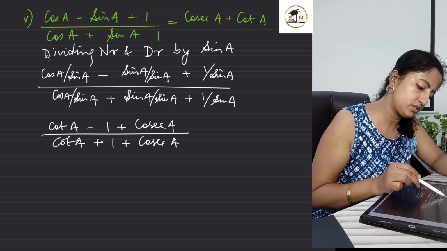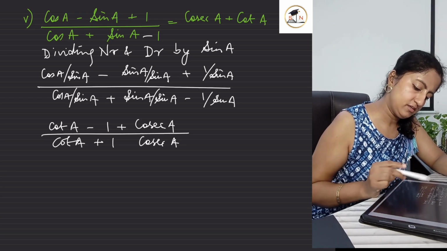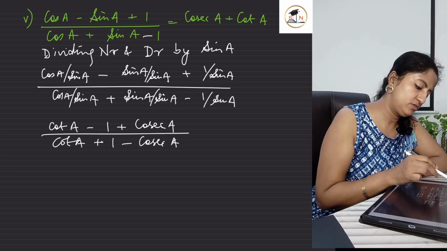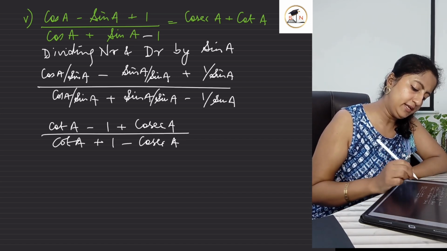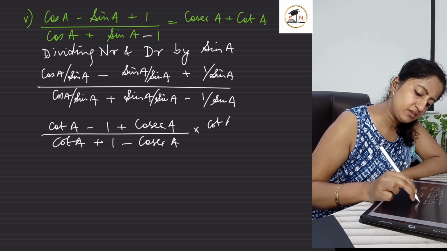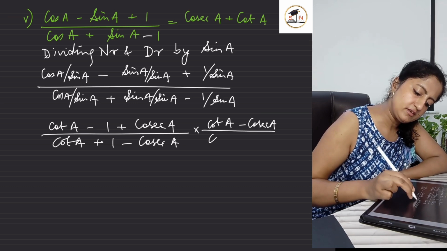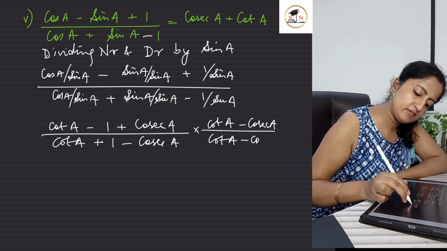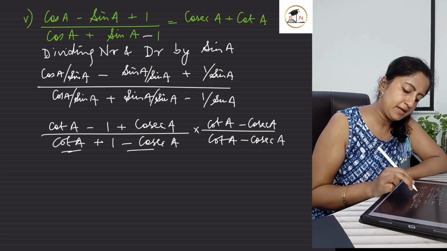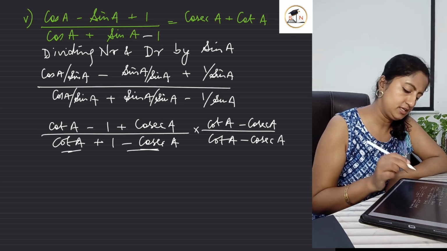Over here in the question, it should be negative. I made a mistake while noting it down. Okay, so continuing with it, at this step we need to multiply and divide with cot A minus cosec A. I took it from the denominator and we are multiplying and dividing with that.